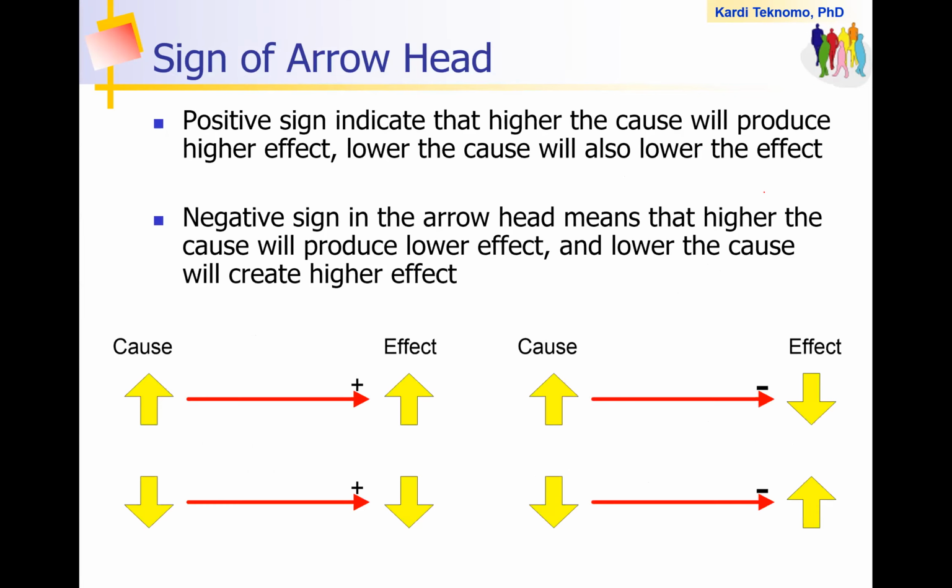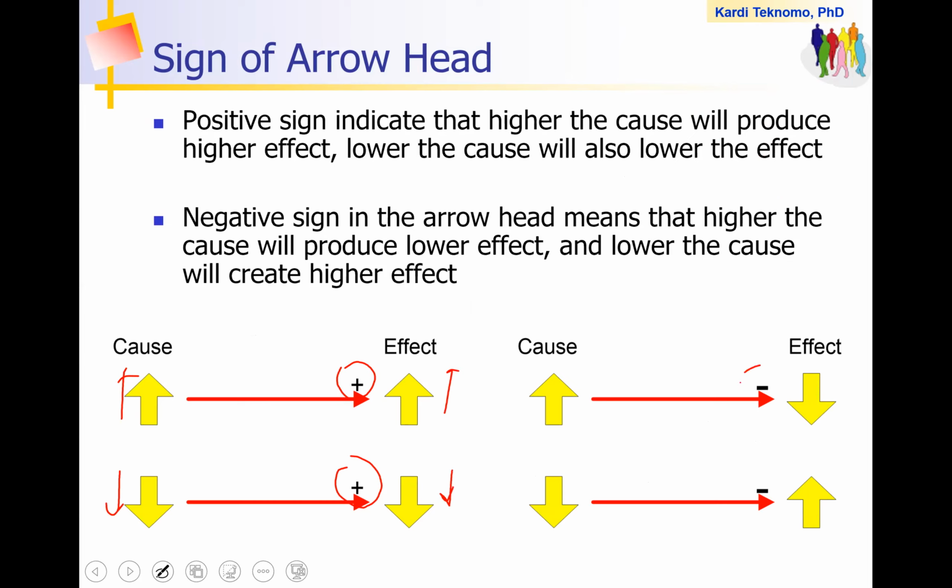Now I will put it in arrow diagrams like this. You will put positive sign here. When the cause increase, the effect also increase, or the cause decrease, the effect decrease. So basically, direct influence, right?